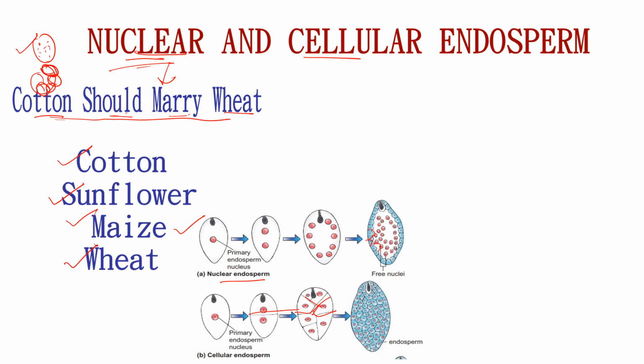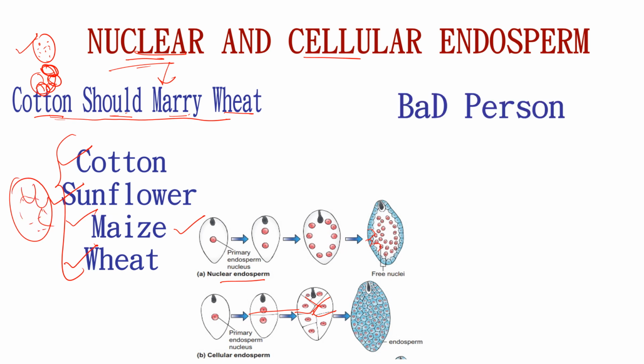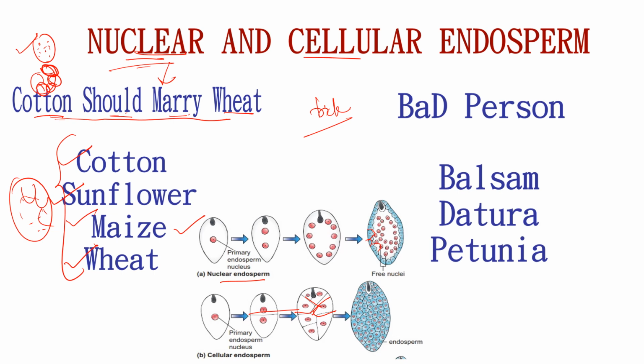These are the examples of nuclear endosperm, which shows nuclear division first and after that cell wall formation. While for the cellular endosperm the trick is bad person. So from bad it's balsam, from the D of bad it's datura, and from the P of person it's petunia. So these three are the examples of cellular endosperm, and those are the examples of nuclear endosperm.